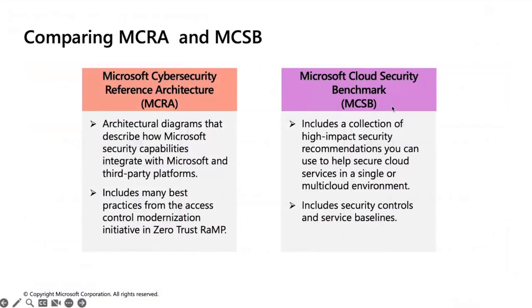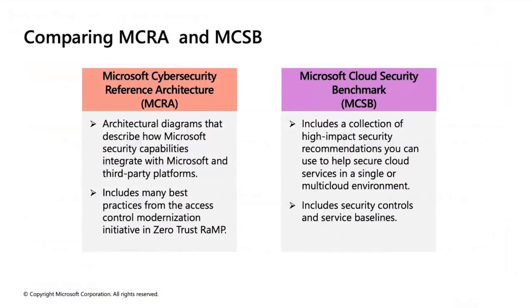Whereas MCSB is a collection of security recommendations based on the current state of your organization, the cloud environment, what resources you have, what implementation you have, what configuration you have. This gives you information about security loopholes that can be used by an attacker or hacker to gain access or attack the organization.